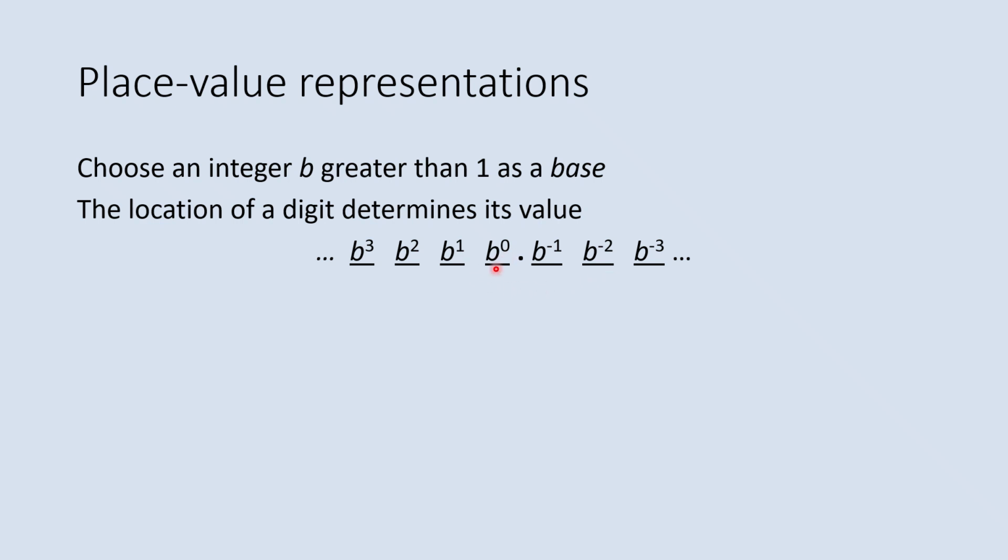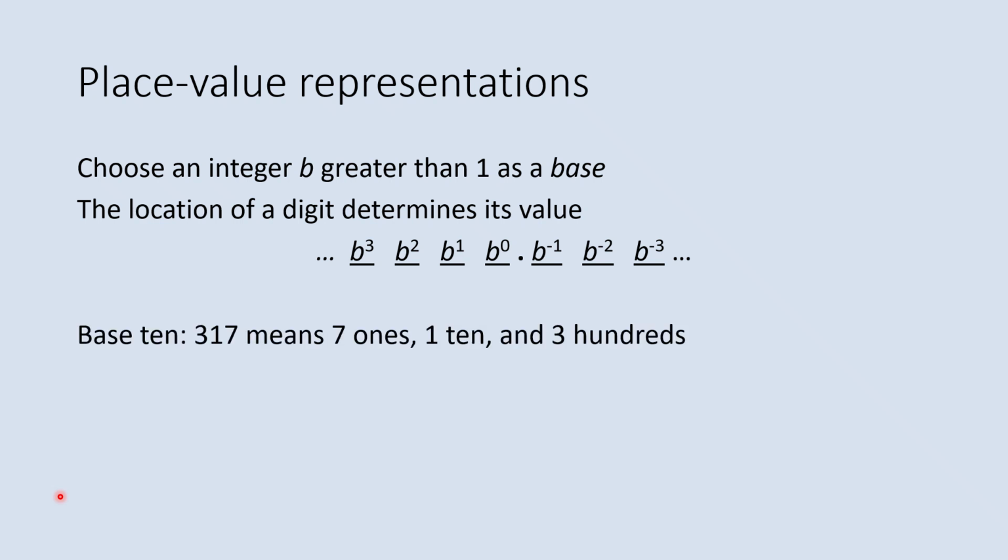The thing that changes is b changes, so the meaning of the position changes, but it's still b to the 0th power, so the ones place, then to the left of that, the b position, b squared, b to the third, fourth, and so on. And to the right side, on the fractional portion, 1 over b, 1 over b squared, 1 over b cubed, and so on.